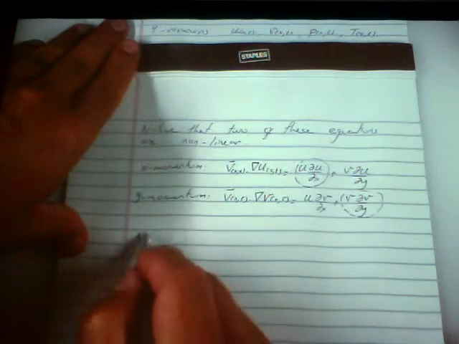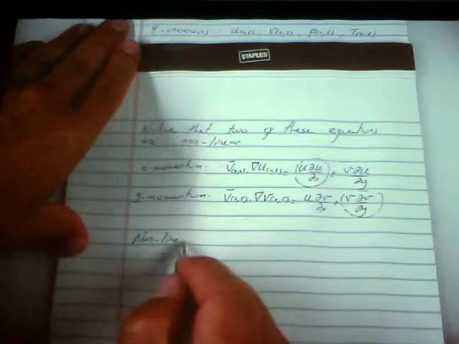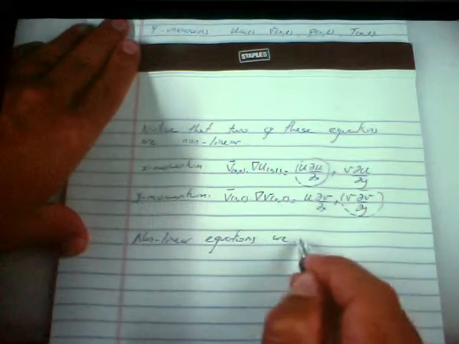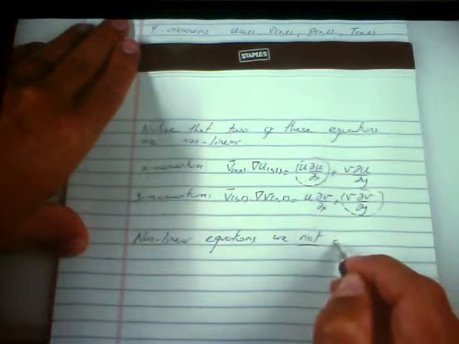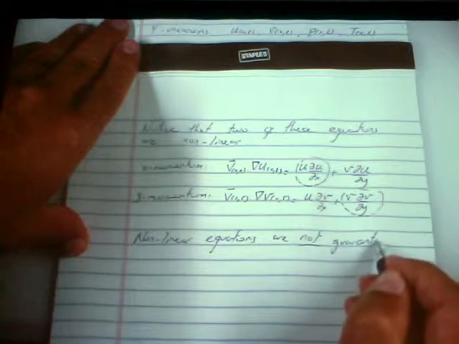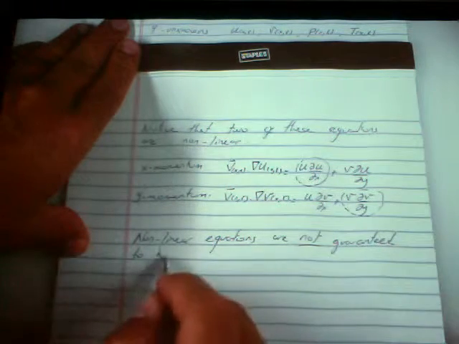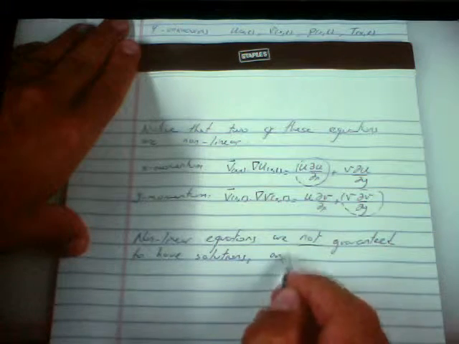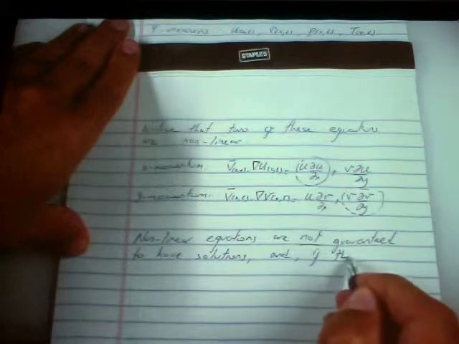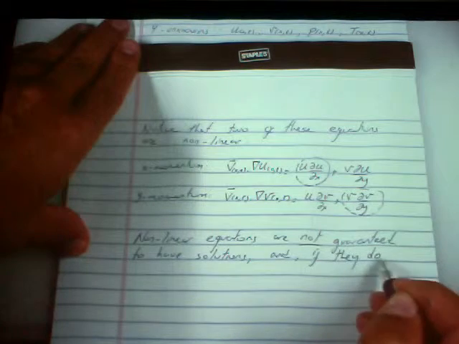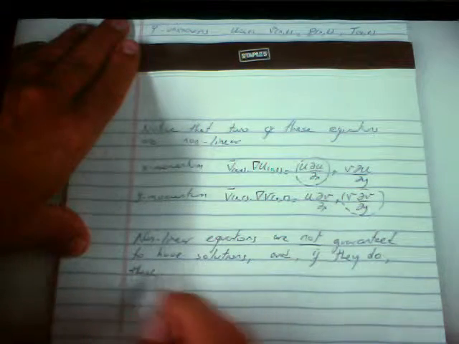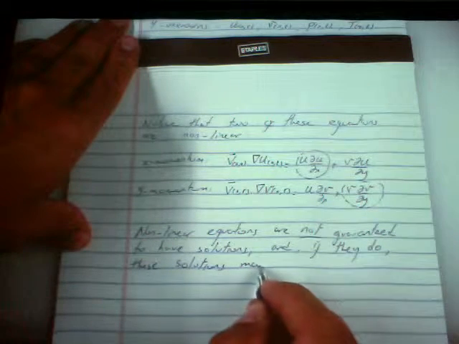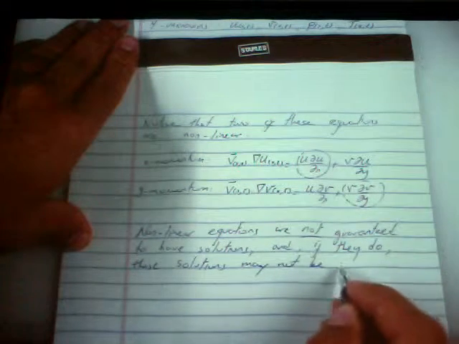Nonlinear equations are not guaranteed to have solutions, and if they do, these solutions may not be unique.